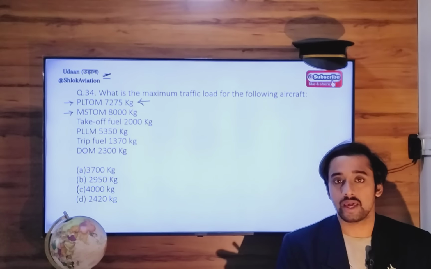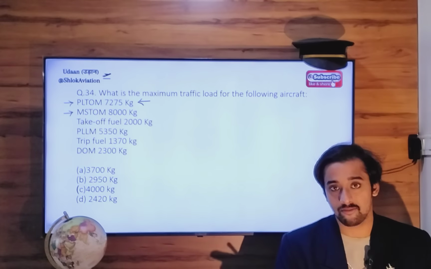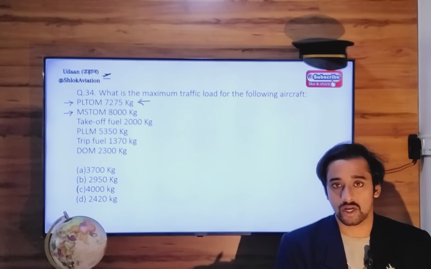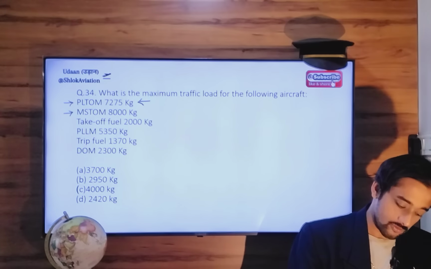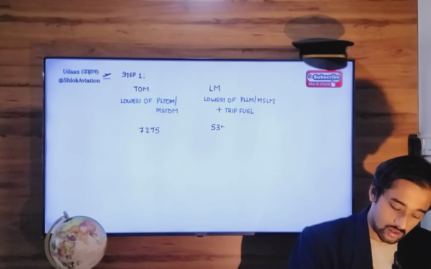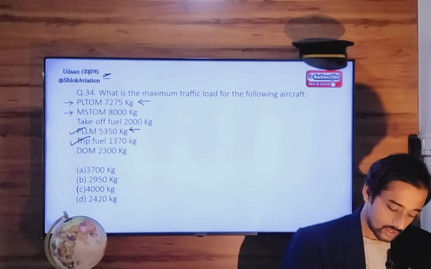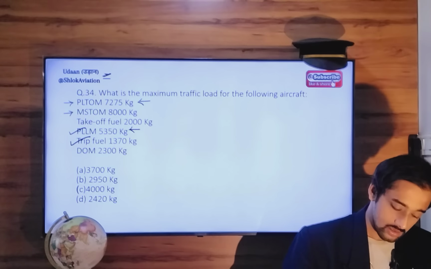No point in making a decision between performance limited landing mass and maximum structural landing mass since we do not have structural landing mass given. So 5350, trip fuel, which is 1370.